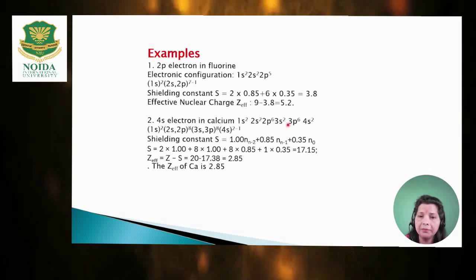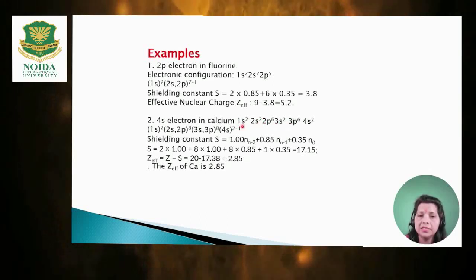Then this is the n minus 1 shell, this is the n minus 2 shell, and this is the n minus 3 shell. So it will be 1 multiplied by 0.35 plus 8 multiplied by 0.85, then 8 plus 2, 10, 10 multiplied by 1.0. So this whole calculation comes out at 17.15.